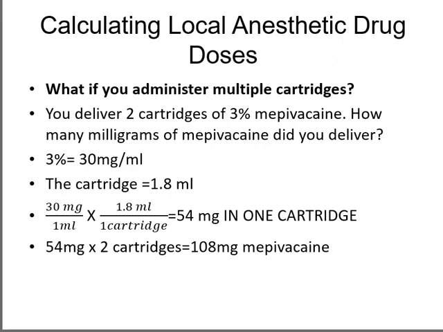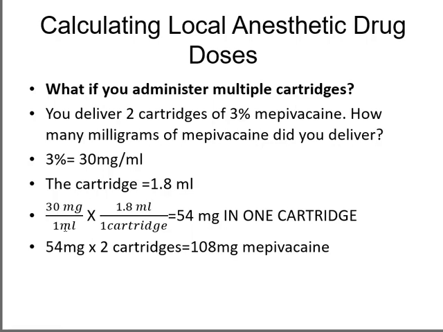It's very unlikely that you'll only use one cartridge. So what happens if you administer multiple cartridges? Say you deliver 2 cartridges of 3% mepivacaine. How many milligrams of mepivacaine did you deliver? 3% is 30 milligrams of mepivacaine over 1 milliliter of water. The cartridge is 1.8 milliliters.